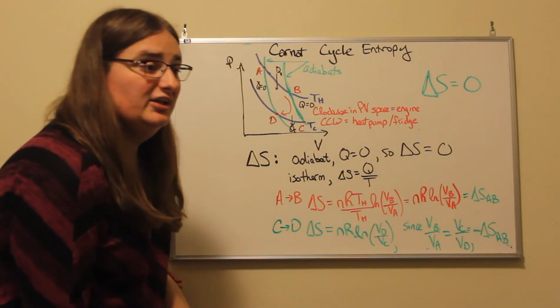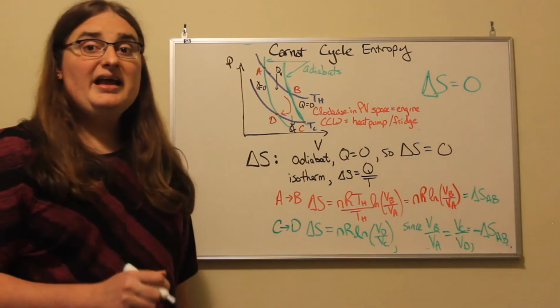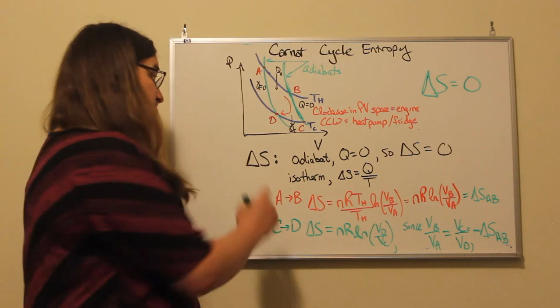Now, the Stirling cycle operates off isotherms and it operates off of isocores.